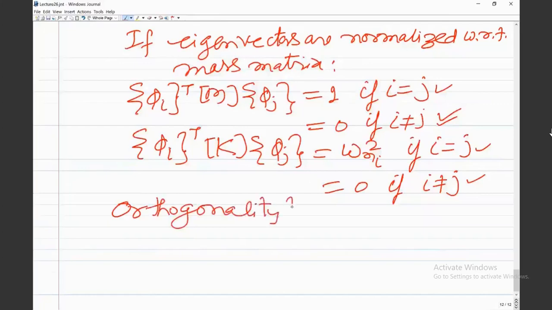I have not discussed the derivation of this. It is possible to derive it, and we usually do that in the dynamics course, so here I'm not going to do that.